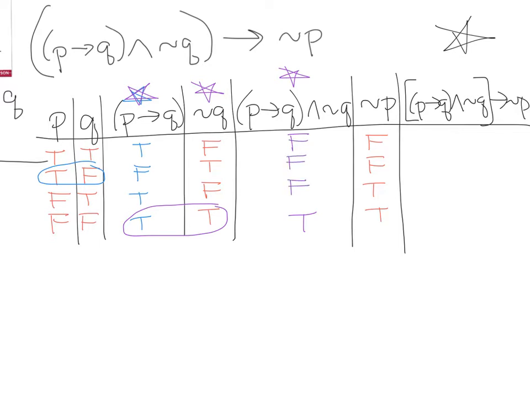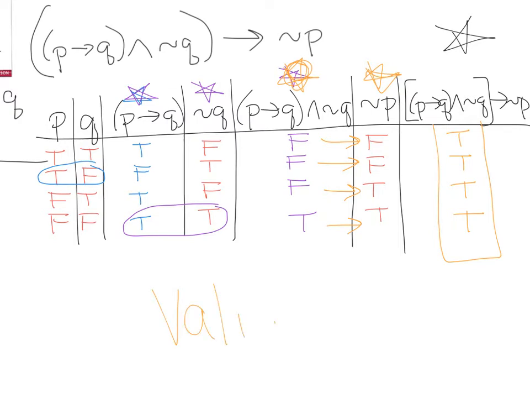And then last, we need to take the if P then Q and not Q column that we just found, and we need to do an implication with the not P. So we need to do if false, then false. That's a true statement. If false, then false. If false, then true. If true, then true. Notice you got a column of truths. That means this was a valid argument.